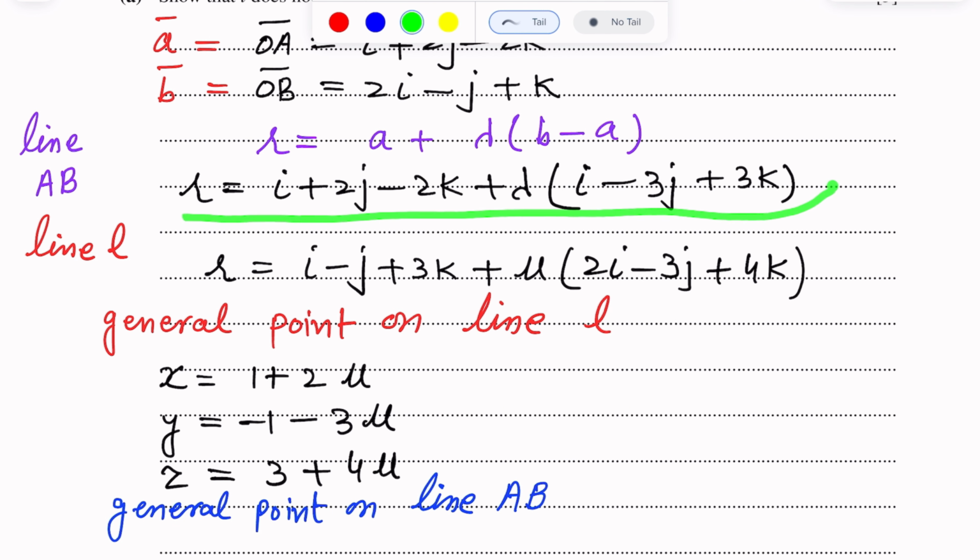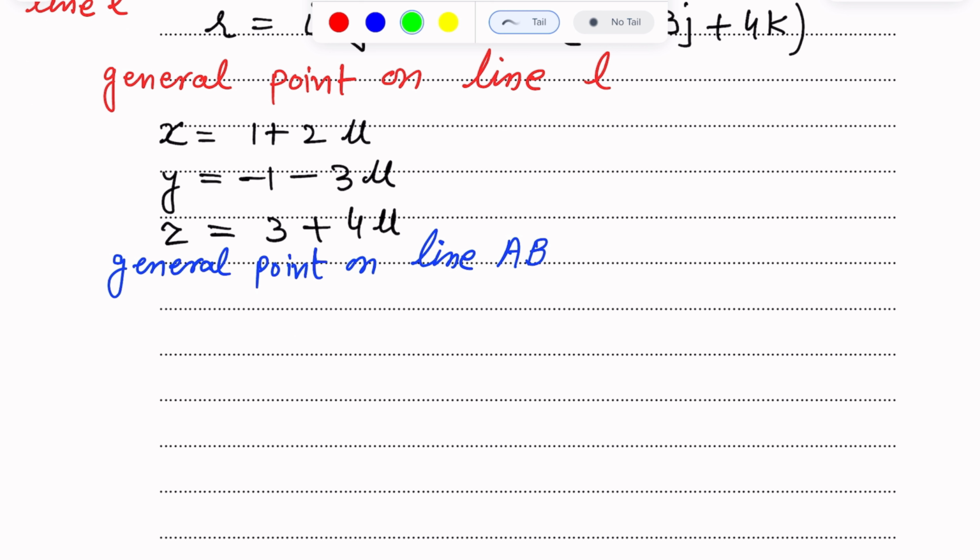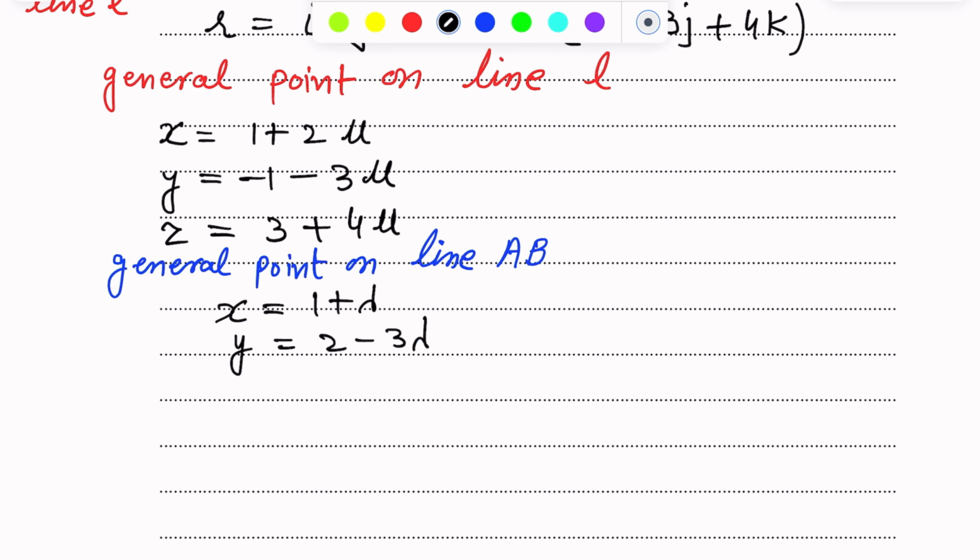This is the vector equation of the line AB. Comparing the coefficients of i, j and k, we get x is equal to 1 plus lambda, y coordinate is 2 minus 3 lambda, z coordinate is minus 2 plus 3 lambda. These are the coordinates of the general point on line AB in terms of lambda.